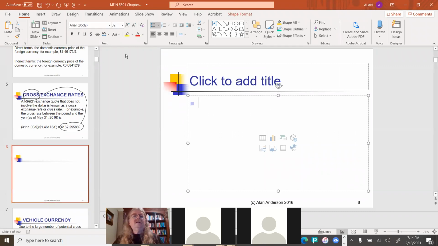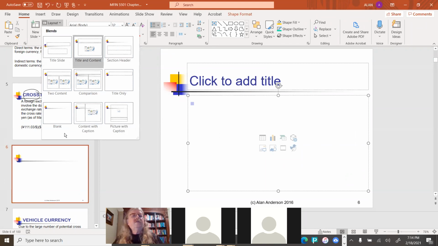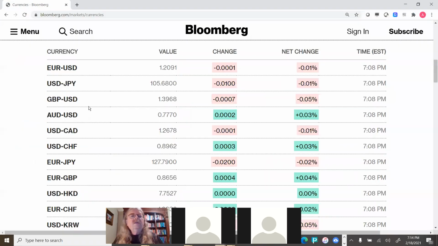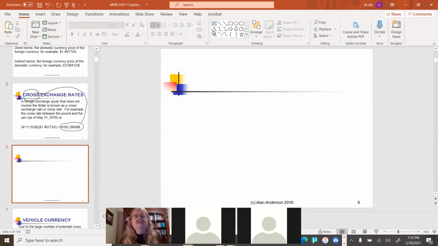So what do we have here? We have two quotes. Now keep in mind, by the way, I do want to point out this is a very bizarre convention in the markets. It's always done this way, and I don't understand it myself, but when it says EUR-USD, they really mean this: dollars, 1.2091 per euro.